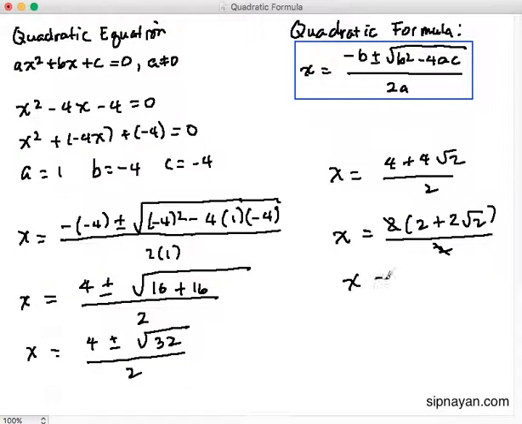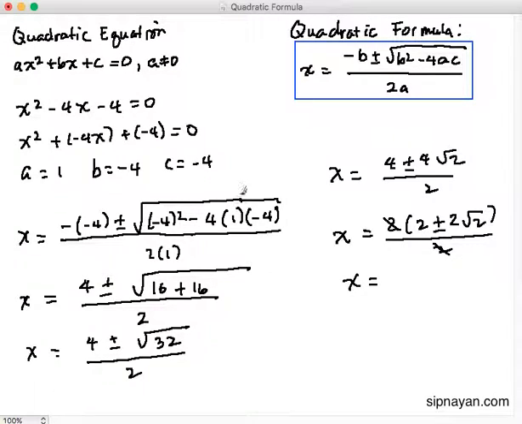So, x is equal to, sorry, plus minus ito pala. X is equal to, sorry, nag-undo ako. We have 2 plus minus 2 square root of 2. Wala na pala tayong fraction, ano? Naantok na yata ako.